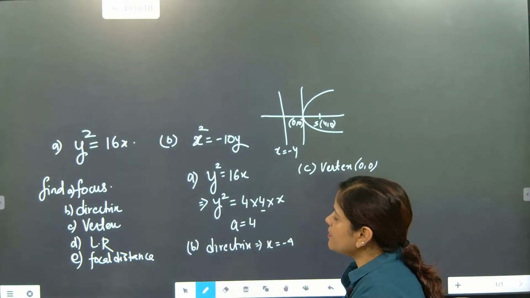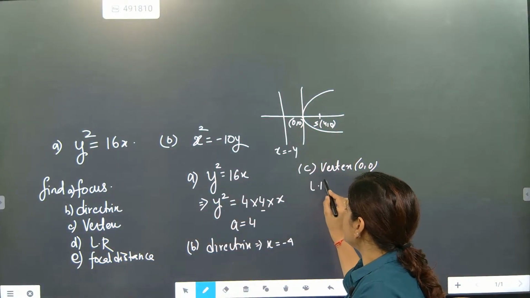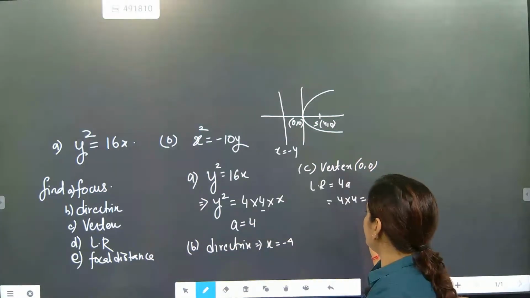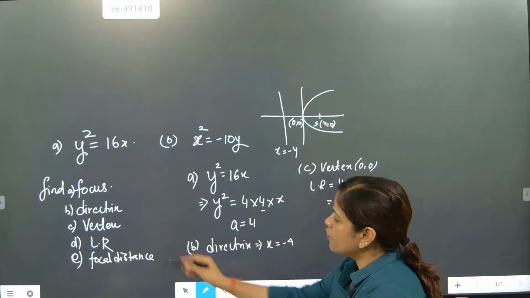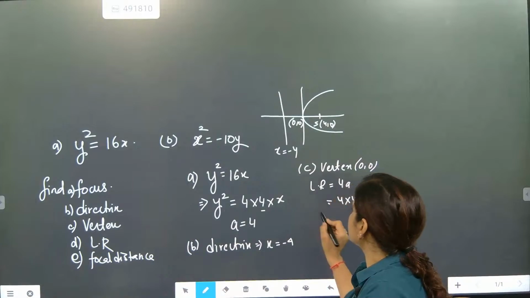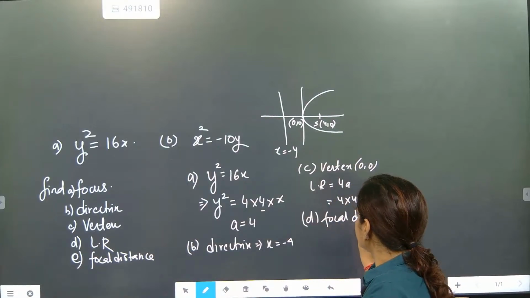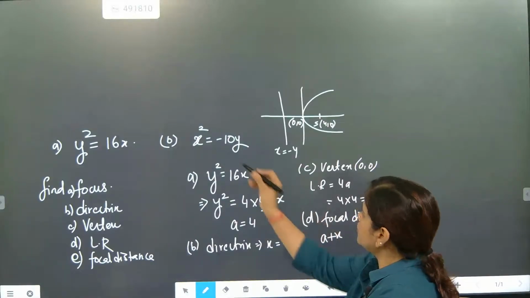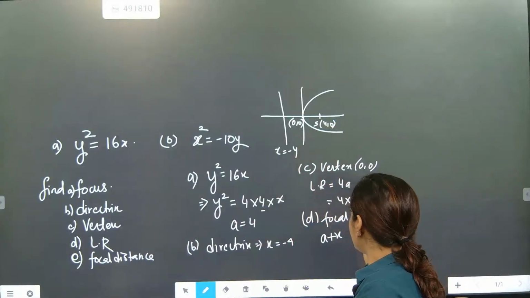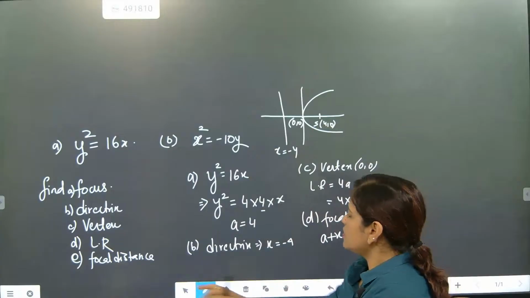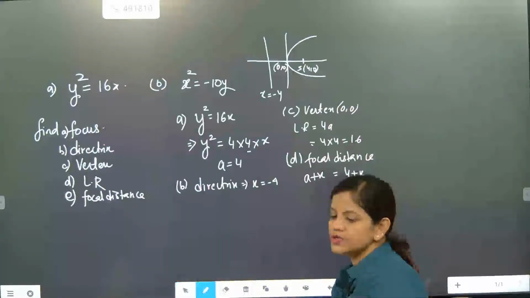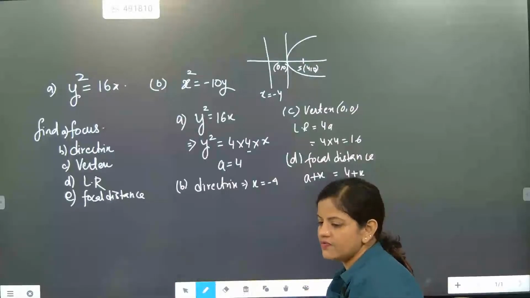Then the next part is latus rectum. Latus rectum is equal to 4a. Already a is 4, so 4 into 4 will become 16. Now focal distance, when somebody asks you, will come as a plus x, so it will become 4 plus x. So all the content is done. Here, for y square is equal to 16x, all the answers we have done one by one.